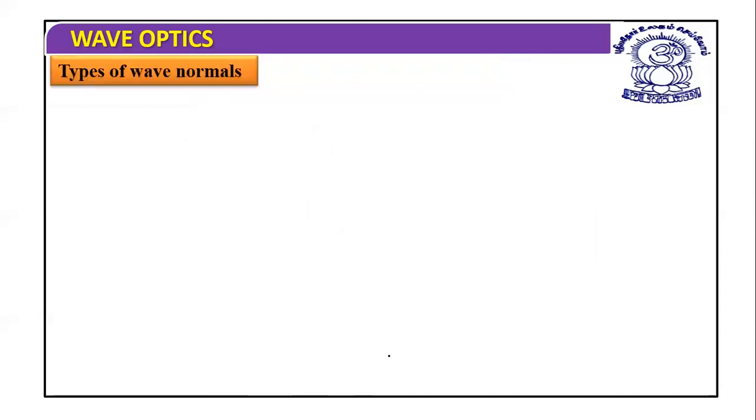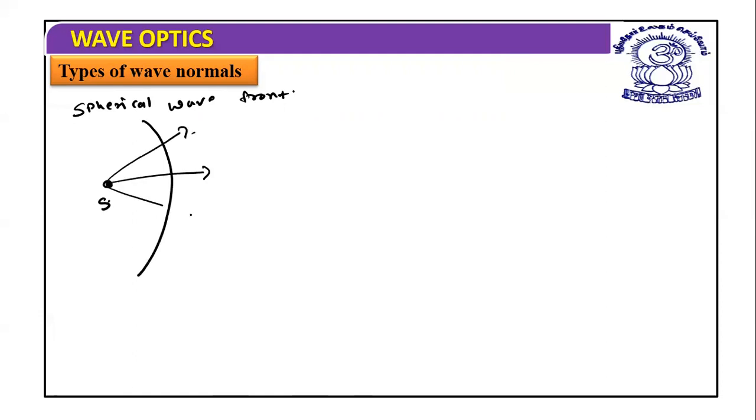What are the types of wave normals? If we have spherical wavefront, in case of a point source, this is the spherical wavefront.